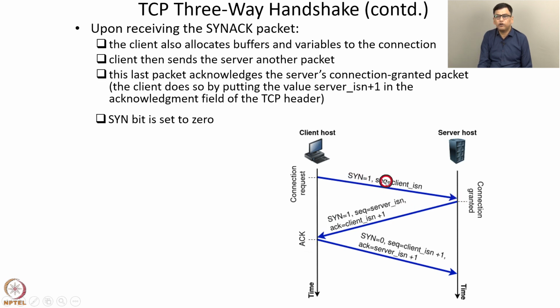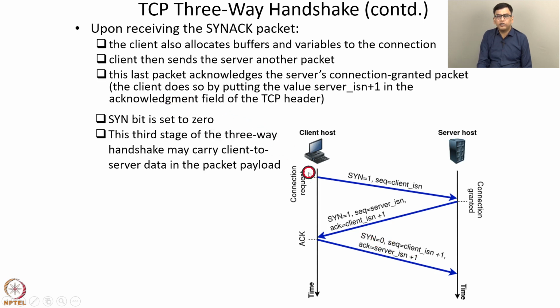So this packet synchronizes the client initial sequence number between the client and the server, and this packet synchronizes the server ISN from the server to the client. So hence these two packets are synchronization packets. They are used to inform the initial sequence numbers. Whereas at this point the initial sequence numbers are already known. So hence this packet is not a synchronization packet. Hence the SYN flag is set to 0.